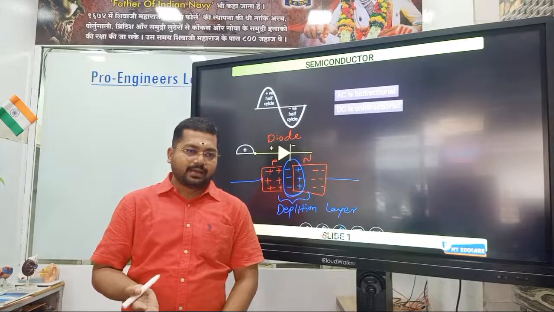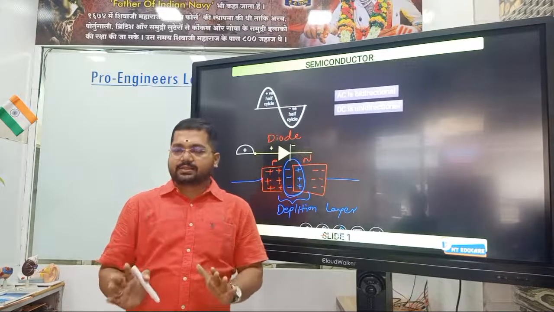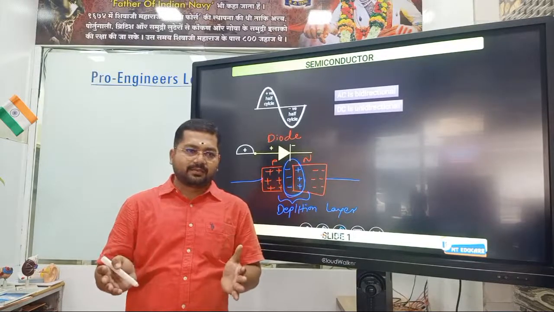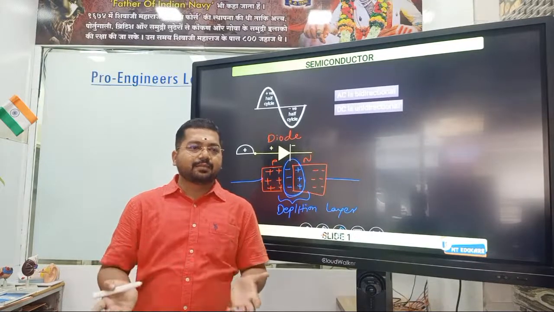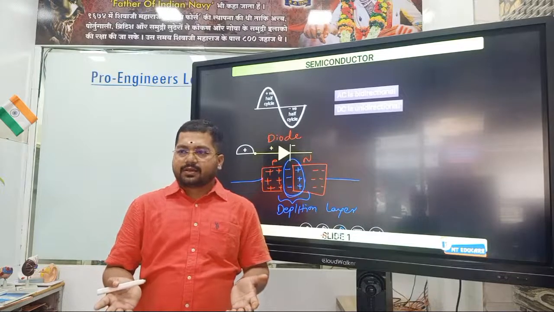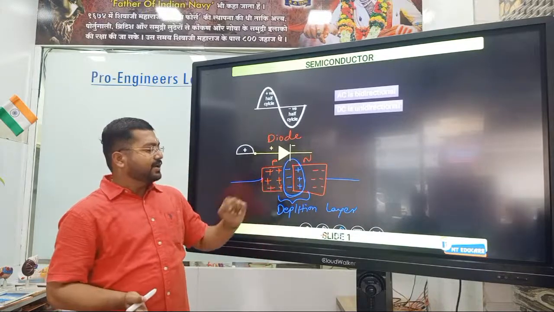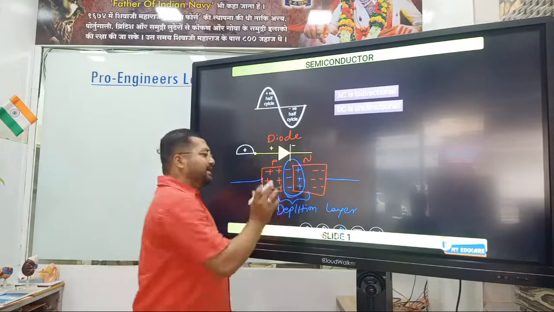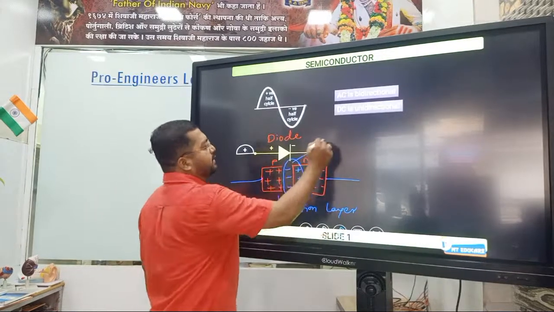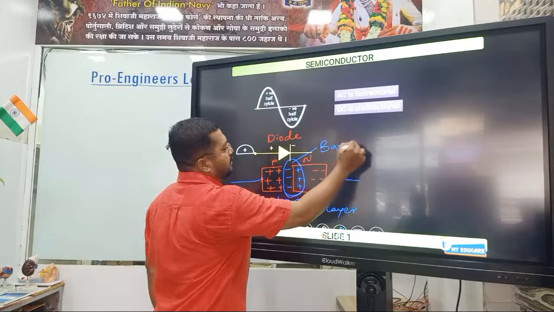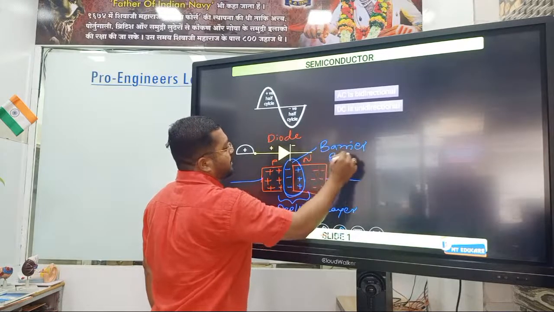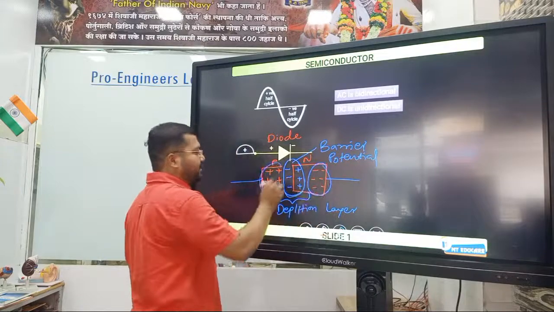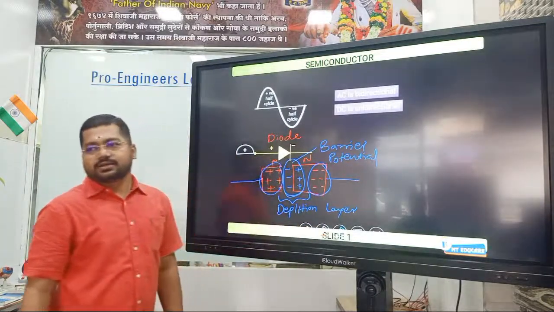We have already studied in 9th and 10th standard that whenever charges are exchanging, they are creating potential. So sir, here we are getting potential, so that is very nice. No. That is a barrier potential for the remaining electrons and positive charges.